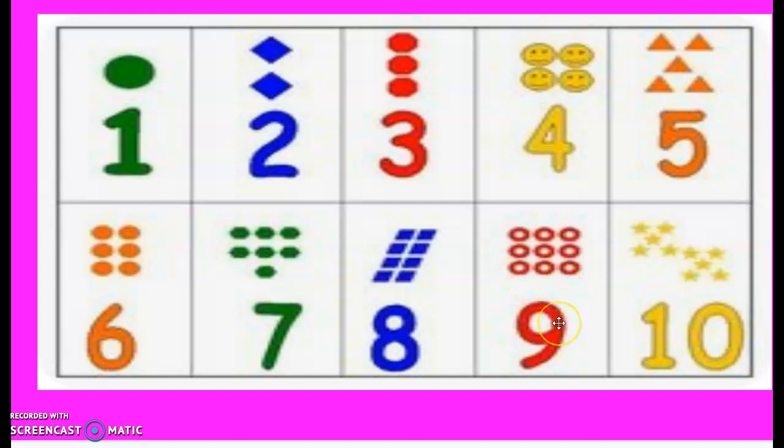So what will we write here? 9. Come on, count stars. 1, 2, 3, 4, 5, 6, 7, 8, 9, 10. So what will we write? We will write 1, 0, 10.